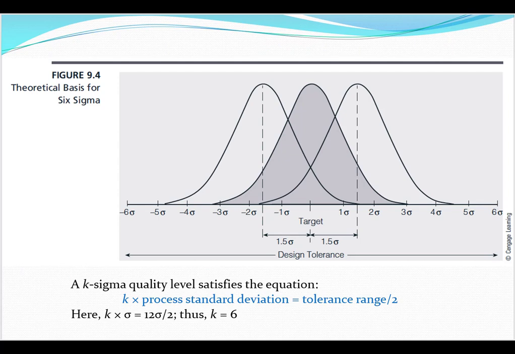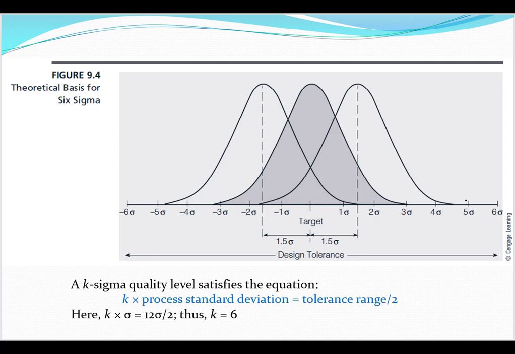So the whole theory of Six Sigma is based on how many standard deviations of the process can we fit within the tolerance range, within the specification limits that the customer imposes.